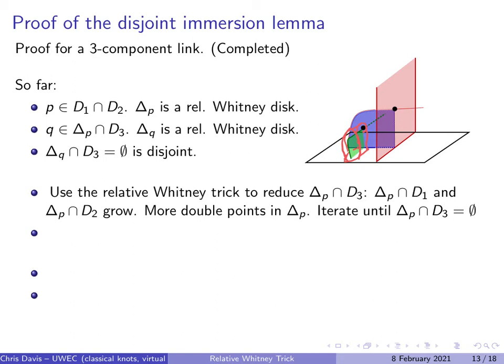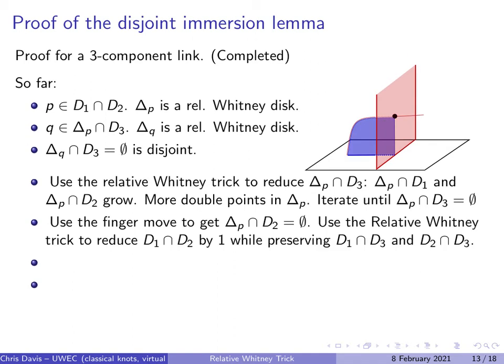I didn't generate that picture electronically because it was just too hard to do, and I don't think the picture would have been that helpful anyway. The point is that you can now get rid of that point of intersection. That increases the number of double points in delta P, but that's fine. We'll iterate until delta P intersect D3 is empty.